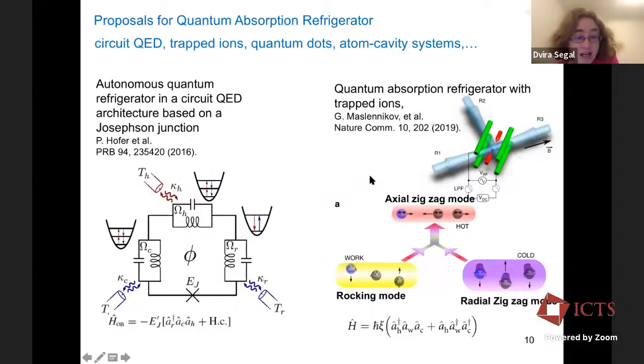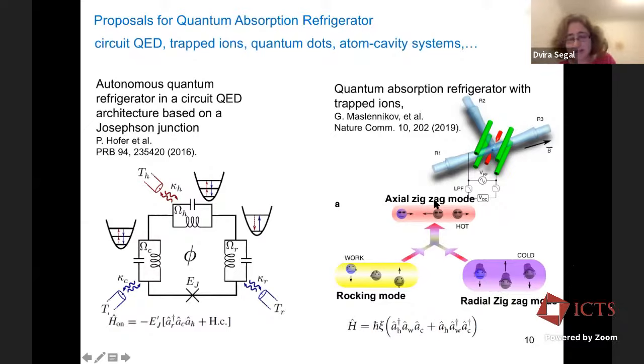So here just a slide mentioning 2 out of a couple of proposals, or even an experiment in this field. So at the right side, this is an experiment from 2-3 years ago with trapped ions. So without going into details, because we don't have time, you can see there are 3 little trapped ions here at the center, and the idea was to exchange energy between the different modes of motion of these ions.